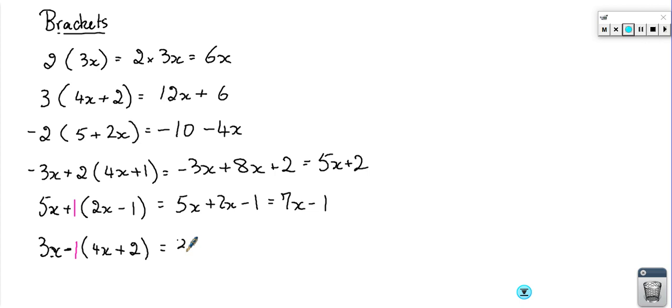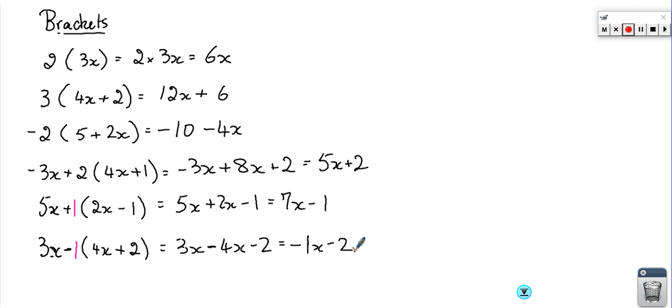So I have 3x, minus 1 multiplied by 4 is minus 4x, and minus 1 multiplied by 2 is minus 2. I have like terms. 3x minus 4x is minus 1x, minus 2. And that is the final answer.